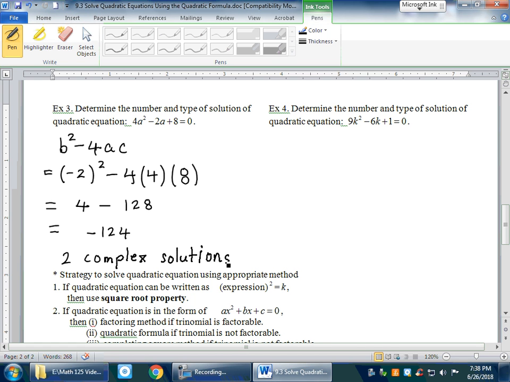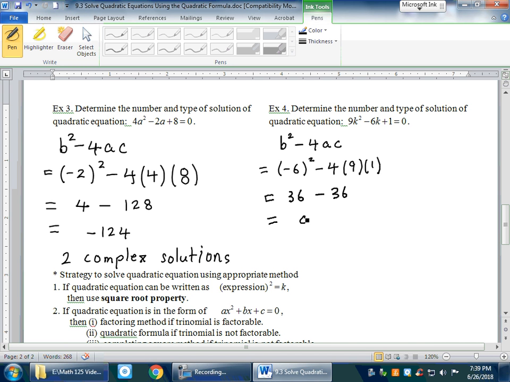Okay. So the discriminant value is b squared minus 4 times a times c. My b in this case is negative 6 to the second power minus 4 times my a is 9, my c is 1, which gave us 36 minus 36, which is equal to 0.